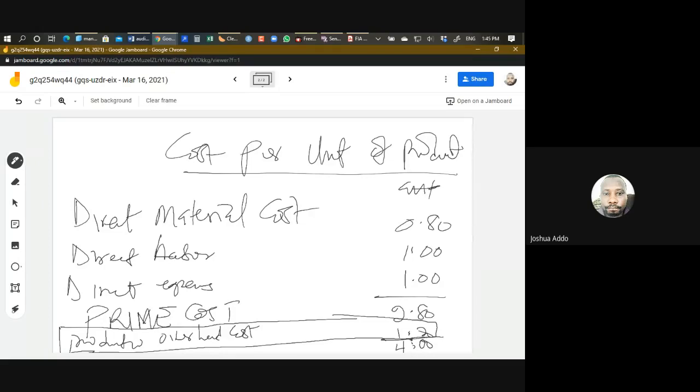Today, we will get to know how we can sift out production overhead cost for 1 unit of the product and add it to the prime cost to get what we call full cost. So this 4 cedis is referred to as full cost.